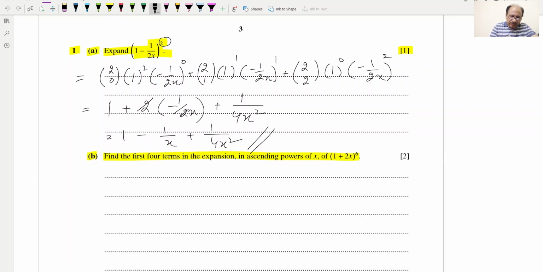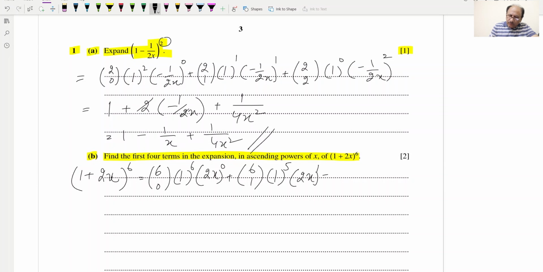If we expand, the first term will be 6C0, 1 raised to the power 6 and 2x raised to the power 0, and similarly 6C1, 1 raised to the power 5, and 2x raised to the power 1, plus 6C2, 1 raised to the power 4 and 2x squared.